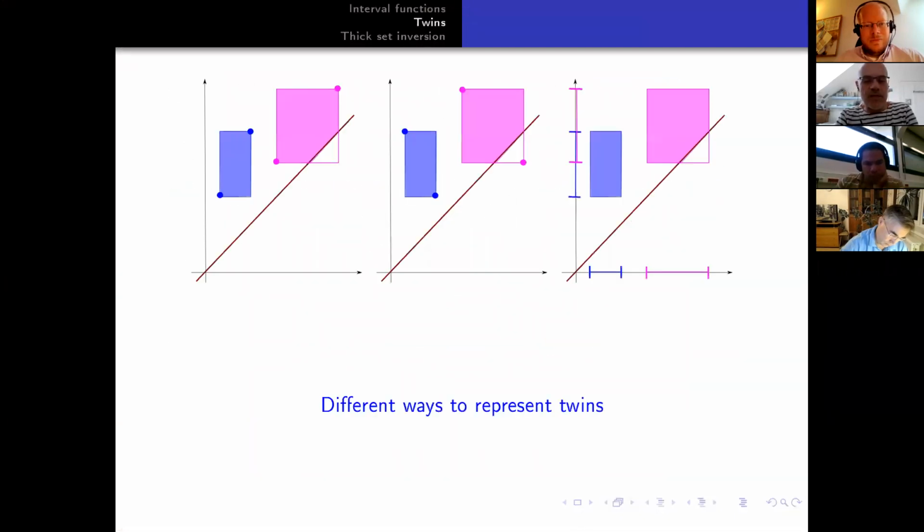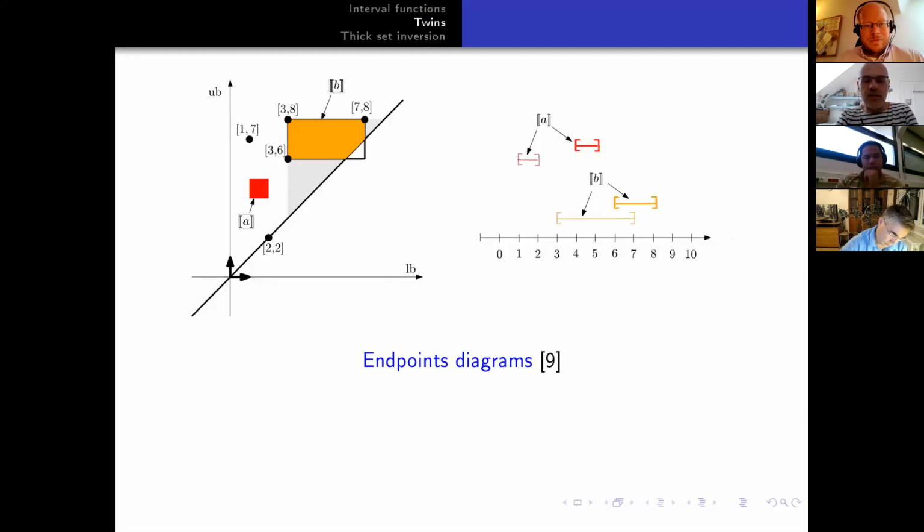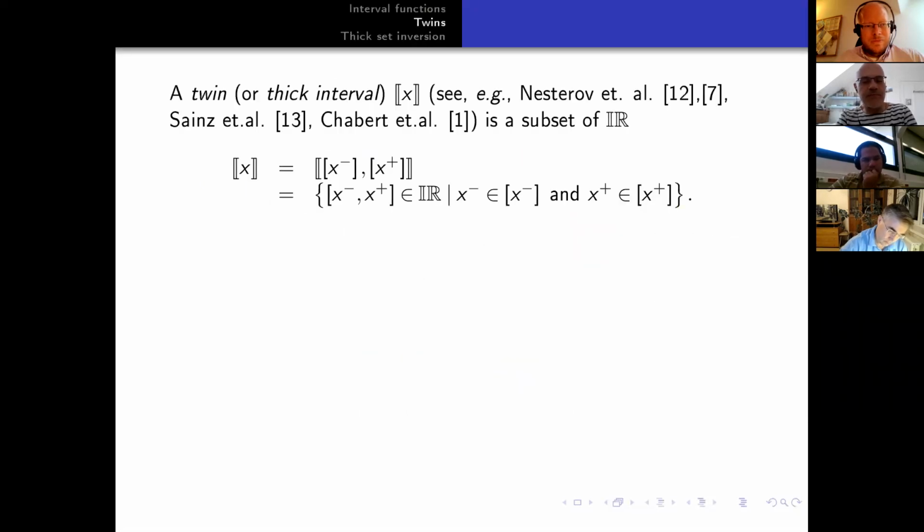So for me, as I define a twin interval arithmetic like this, it is a set of intervals. So from a mathematical point of view, a matrix of intervals is not a set of intervals.